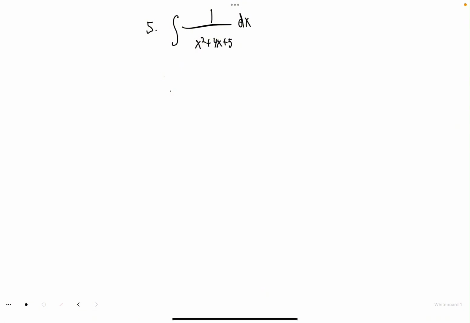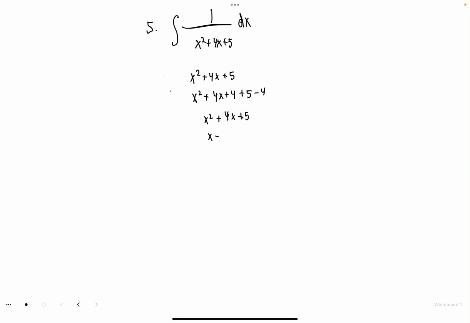So let's wrap things up with this last question. 1 over x squared plus 4x plus 5 dx. The strategy to use for this one is going to be completing the square. So originally you have x squared plus 4x plus 5. You want to complete the square, so half of 4 is 2. Squared is 4. So coincidentally, you're still left with 5 minus 4, which is 1.